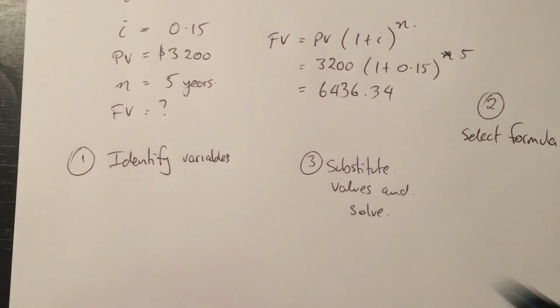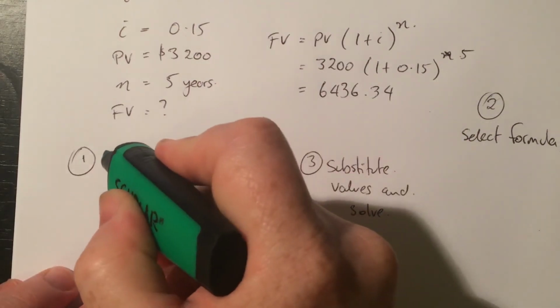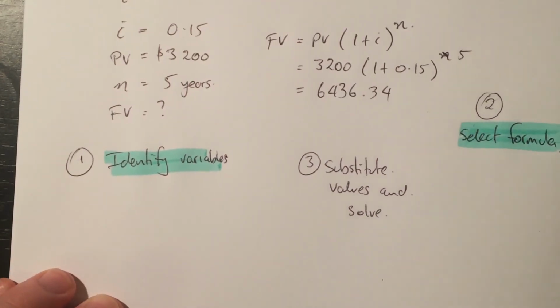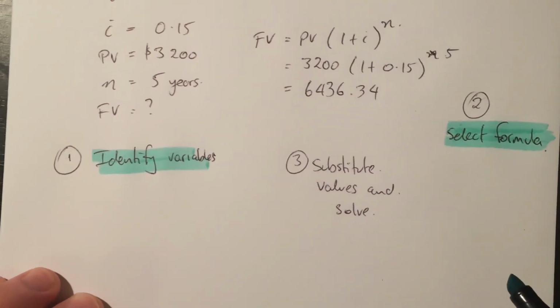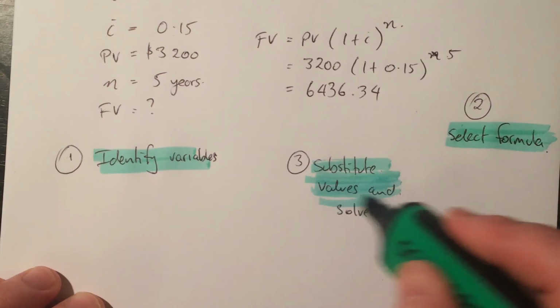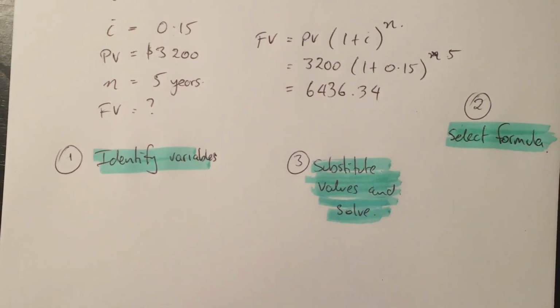So if you follow these steps, read the question and identify the variables, then select the appropriate formula, and finally substitute your values into your formula and solve the problem, then you'll be just fine for solving appreciation problems.